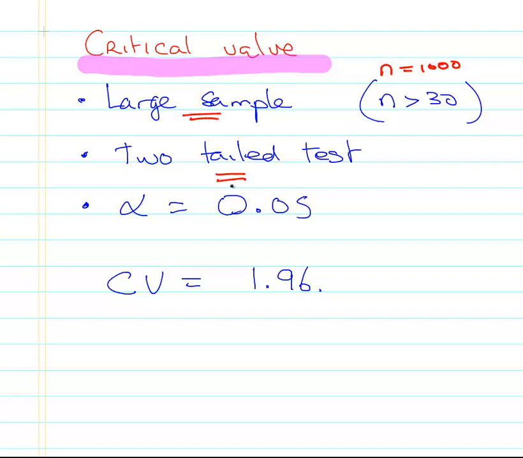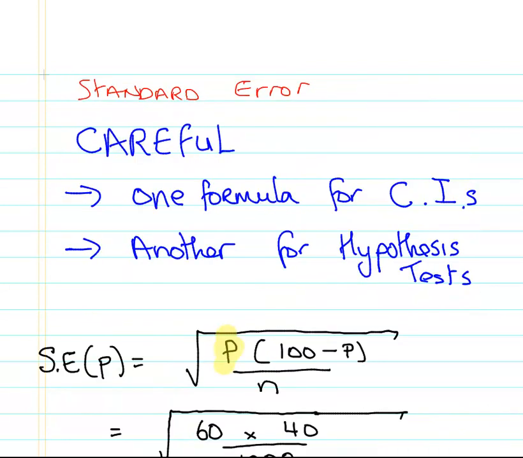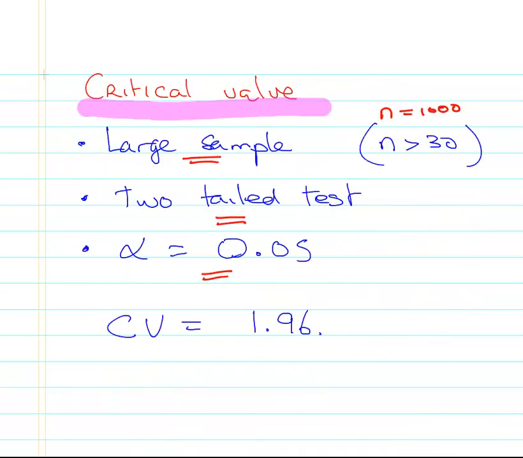Now it's a two-tailed test, and we're told earlier that the significance value is 0.05. Just as a remark, is it a two-tailed test? Let's go back here. Equals, not equals, that's a two-tailed test. So if you have equals versus not equals in your hypotheses, that's a two-tailed test. So the critical value is 1.96. That's the usual critical value for a lot of these procedures.